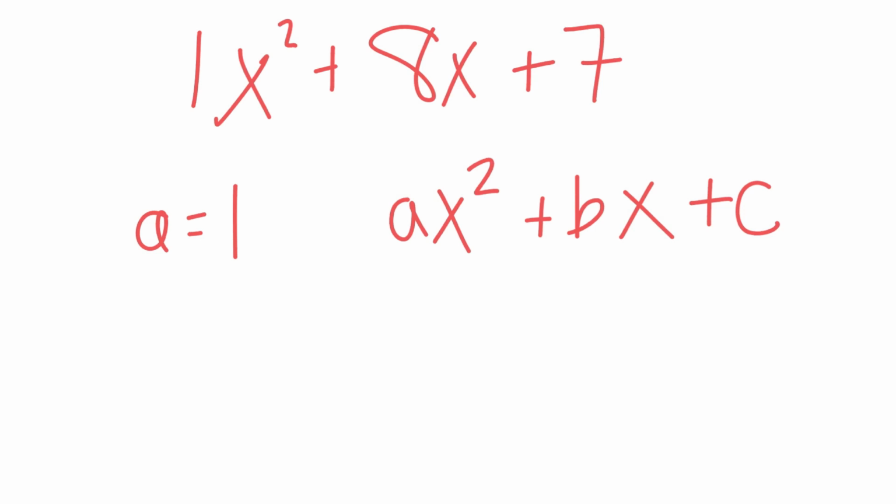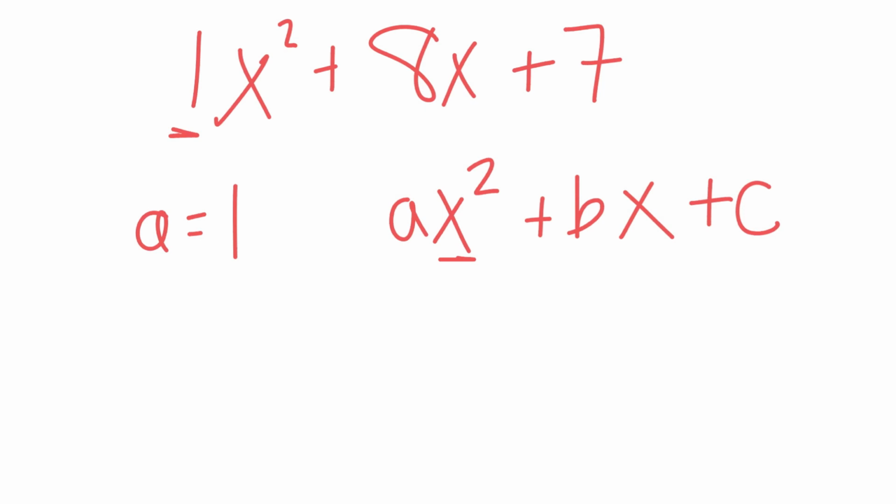But you should always know that it's there when we don't write it. So because 1 is in front of the x squared, 1 has to be a. Because 8 is in front of our x, that means 8 is our b. And because 7 doesn't have an x, that means 7 is equal to c.